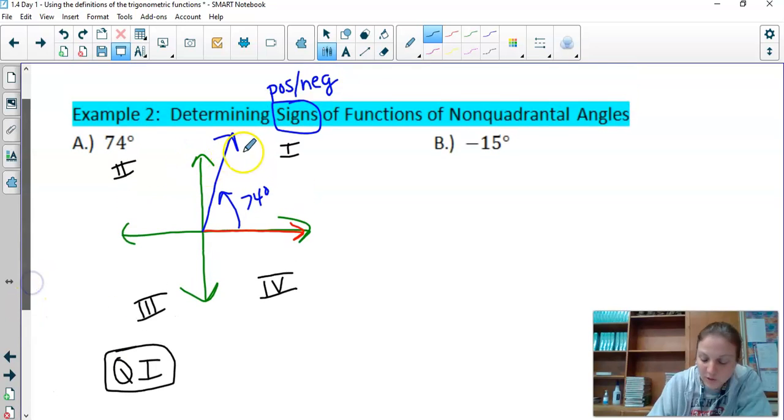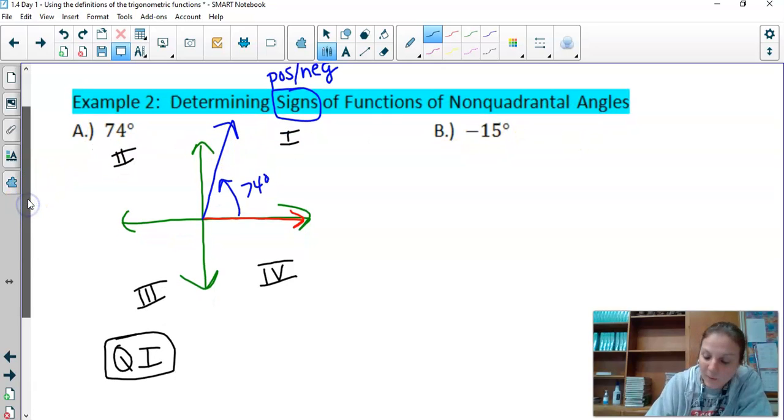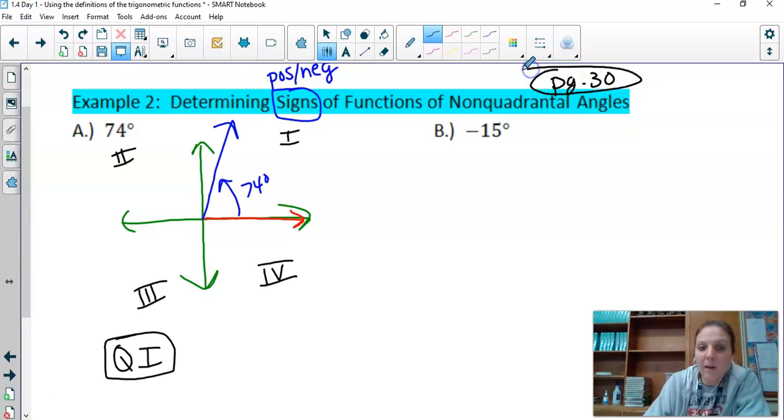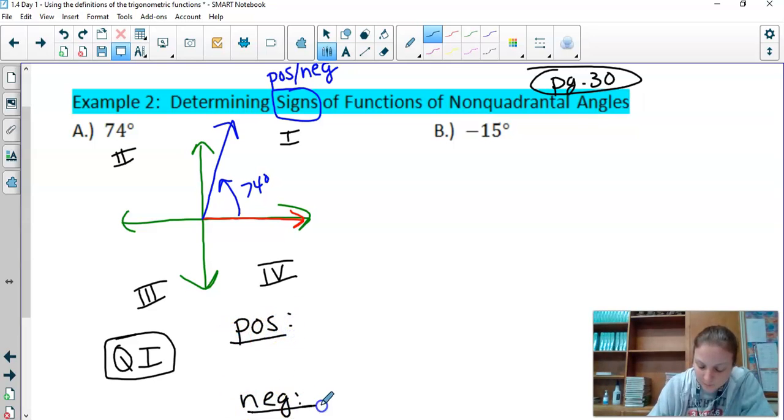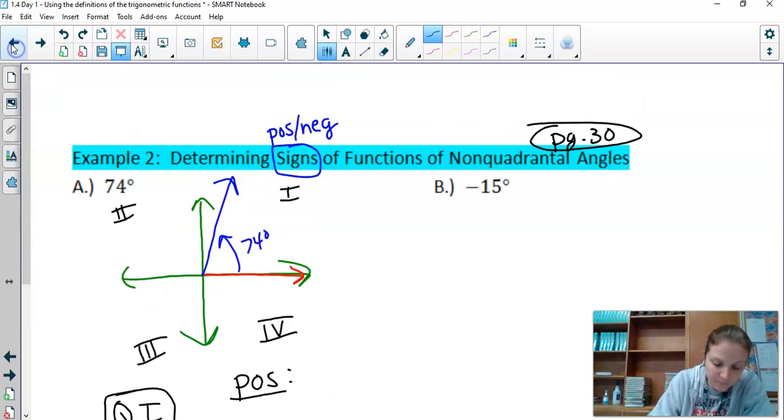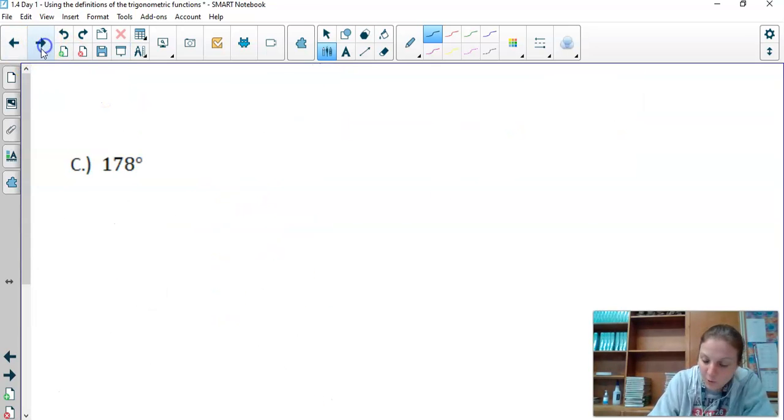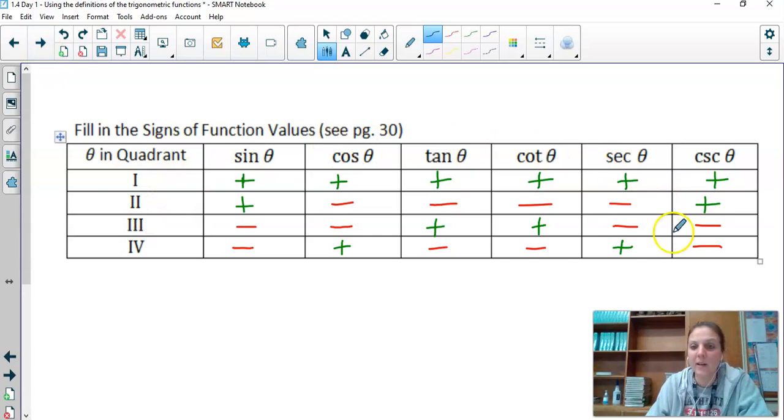Now, the directions for this say determine the positive and negative signs of functions of these non-quadrant angles. So I'm going to use this chart, which is on page 30, and decide what happens in quadrant 1. What is positive and what is negative. If I were you, I would copy this chart again into your notes.